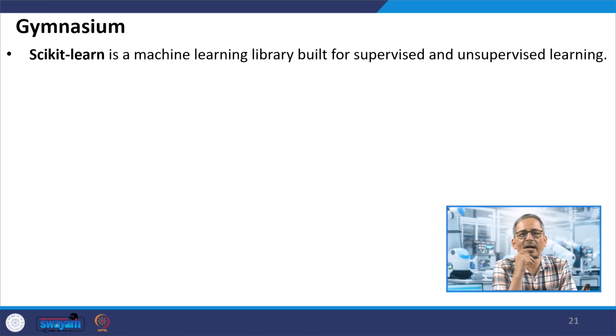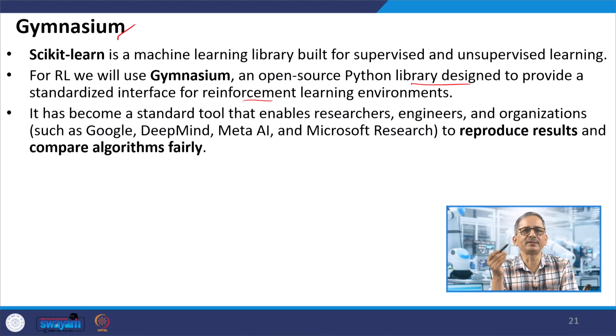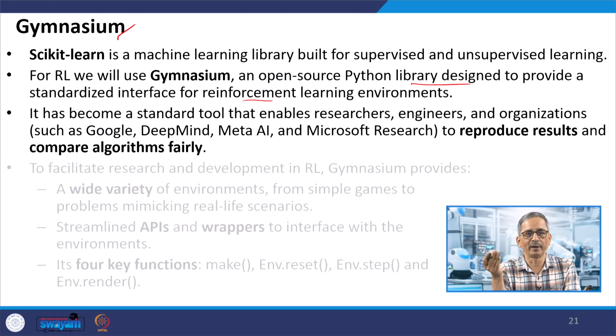Next, let us look at Gymnasium. It is an open source Python library designed to provide a standardized interface for reinforcement learning environments. We have already seen scikit-learn for supervised and unsupervised learning in the previous lectures. Now, this Gymnasium is a standard tool which enables researchers and engineers to reproduce results and compare algorithms fairly.